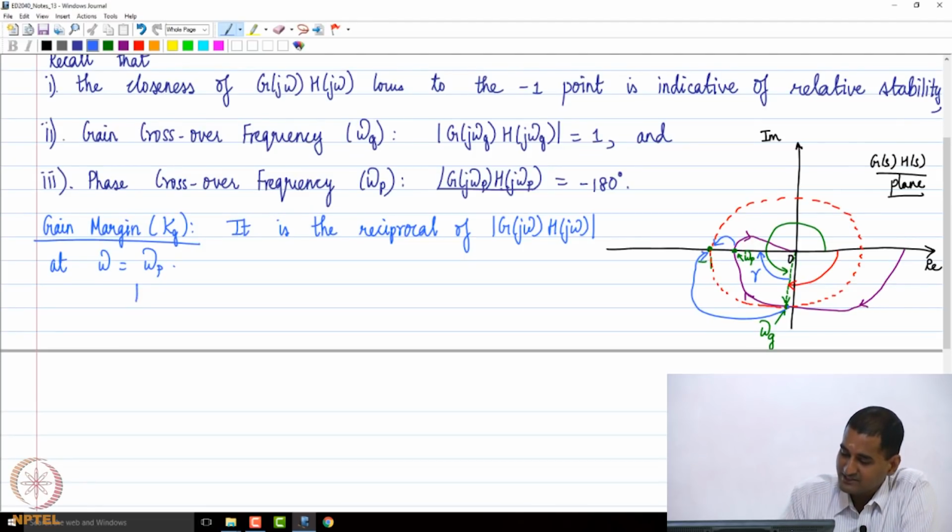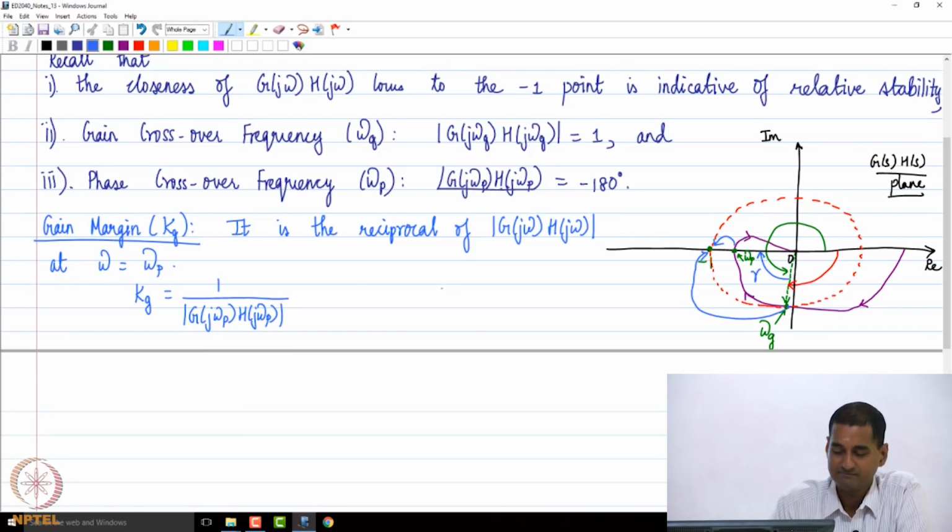So, the expression for the gain margin K subscript g is going to be 1 divided by the magnitude of g of j omega p h of j omega p. That is how we write it.